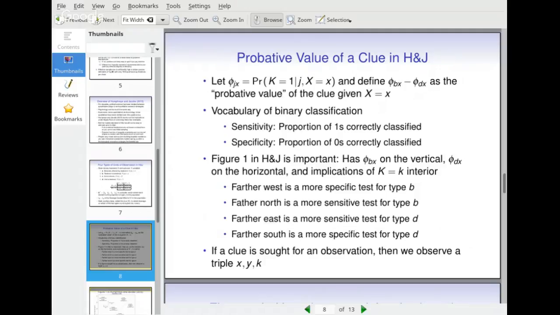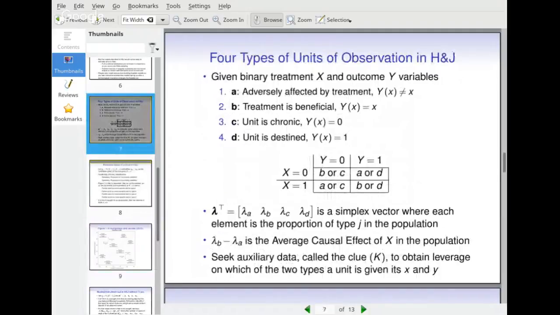But you can expend some more effort and get at least a little bit of data on K. Conceptually, we have these phi variables, the conditional probability of K given J and X, where J is the type. That can be A, B, C, or D. Then we can define the quantity, for example, phi subscript Bx minus phi subscript Dx, and call that difference the probative value of this clue given that X is equal to 1. B and D, you'll remember, are the ones in the bottom right here. So let's say we observe X equal 1, Y equal 1.